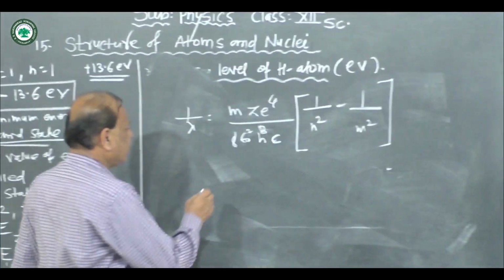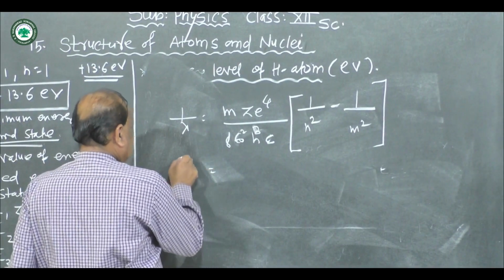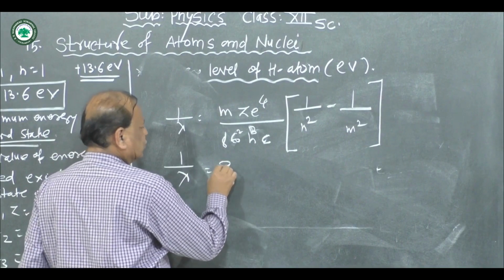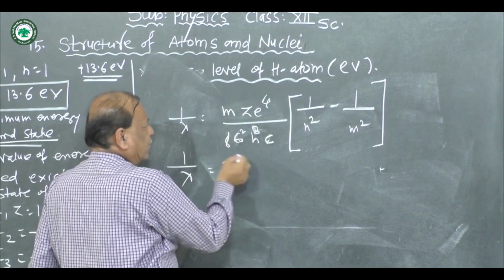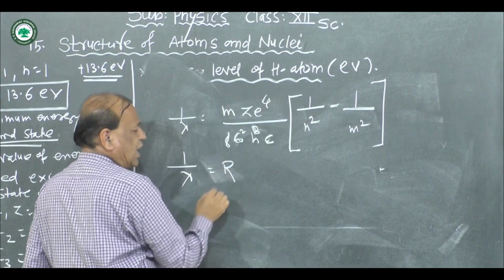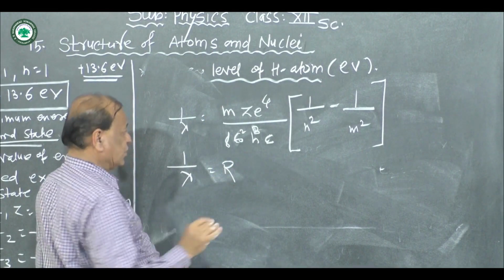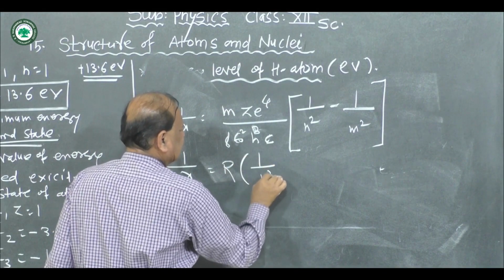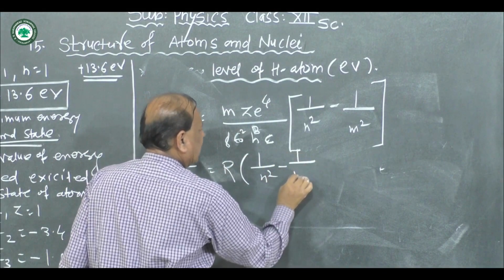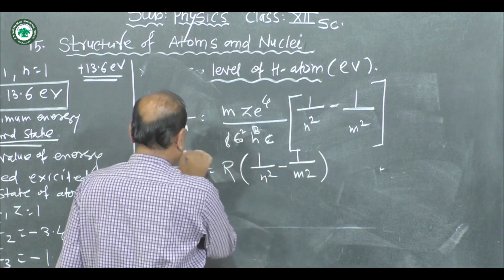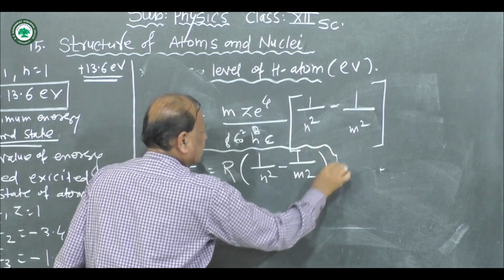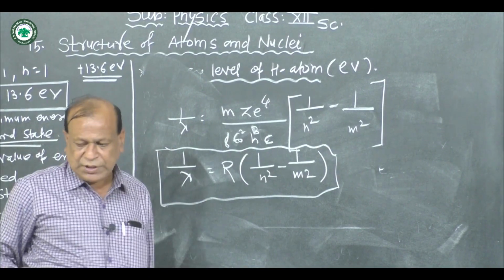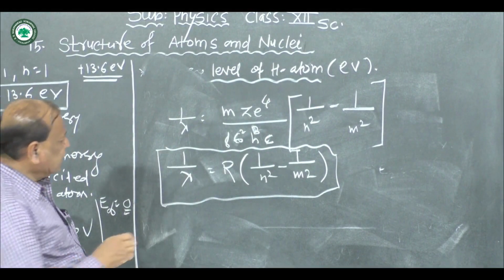Now we write this wave number 1 upon lambda equal to R, taking this term as R, which is known as Rydberg's constant, and then in the bracket 1 upon n square minus 1 upon m square. This equation is Rydberg's formula.